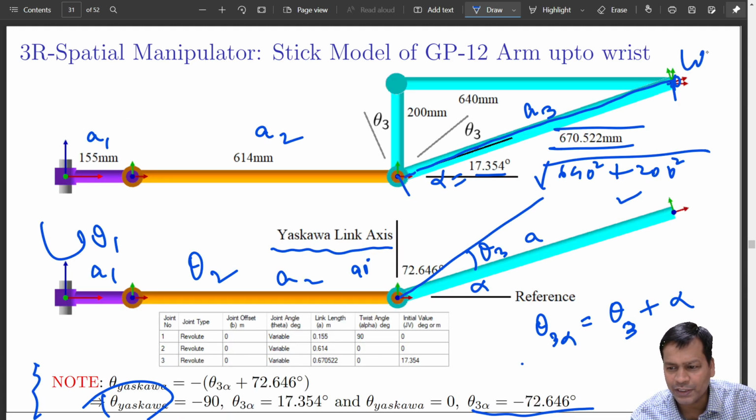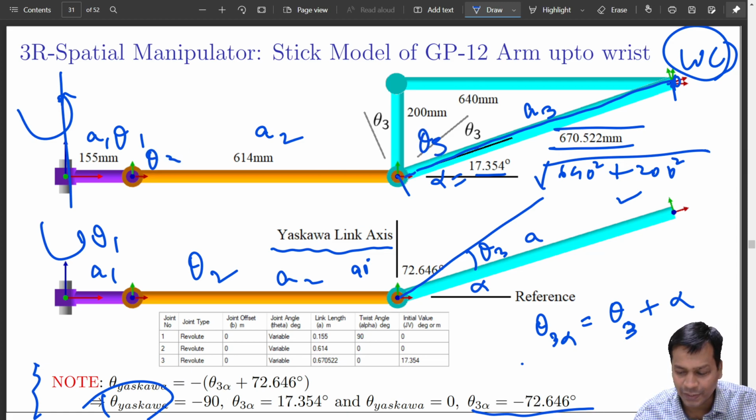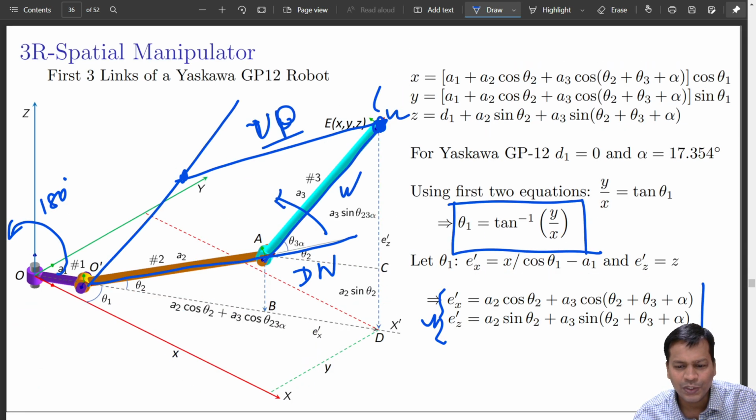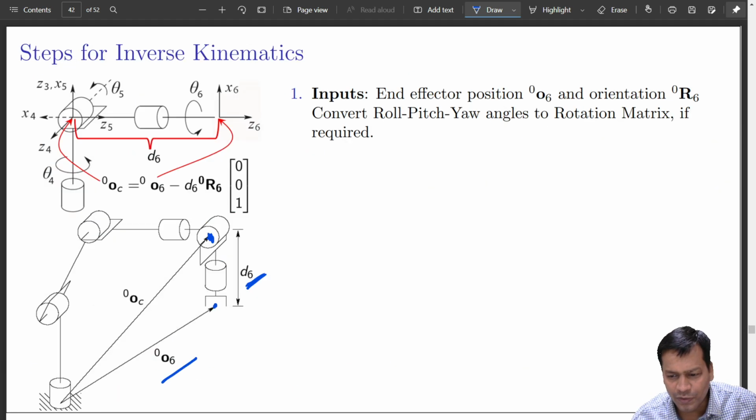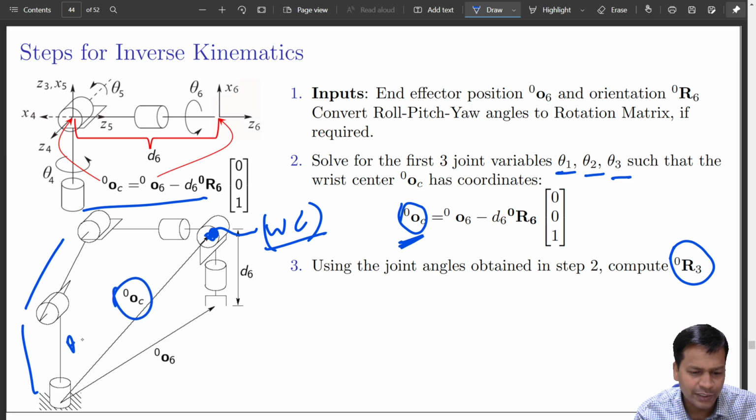If I know this wrist center point, I can get theta 1, the angle about this, then theta 2 and theta 3. So now that I could obtain the wrist center point, I can immediately obtain theta 1 to 3.